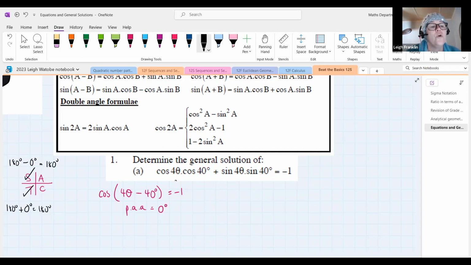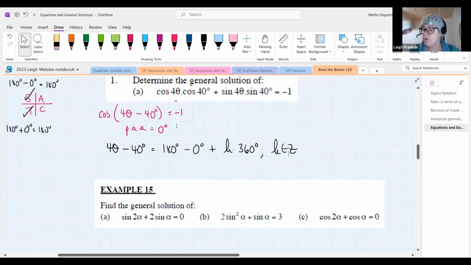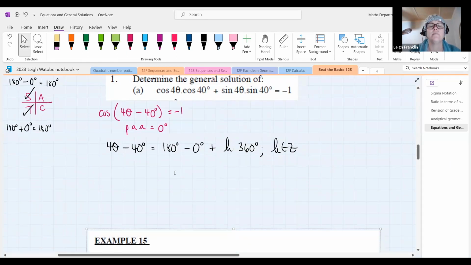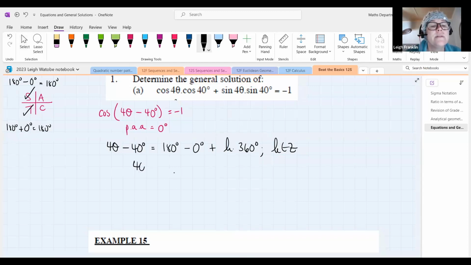So we say our angle 4 theta minus 40 is equal to 180, this is now quadrant 2, minus 0 degrees plus k times 360, k is an element of the integers. Now 4 theta is left on the left-hand side.